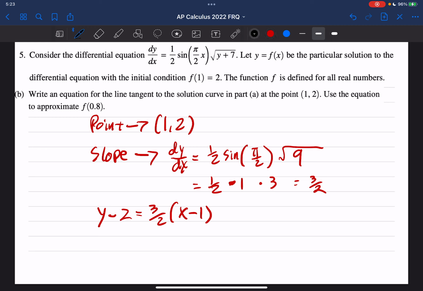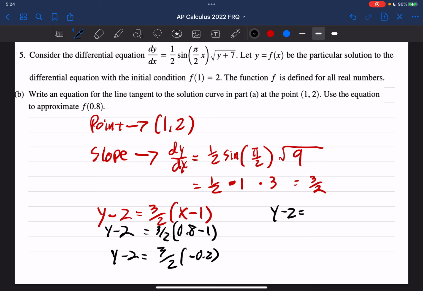Now what we want to do is approximate f of 0.8. So we plug in 0.8 for x. So we have 3/2 times negative 0.2. Negative 0.2 is the same as negative 1/5.